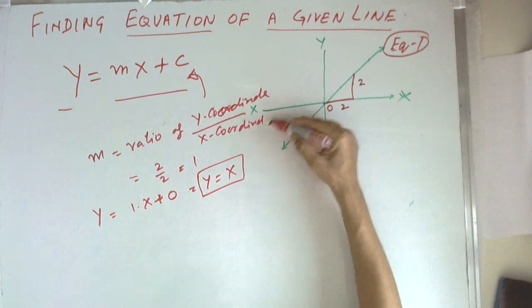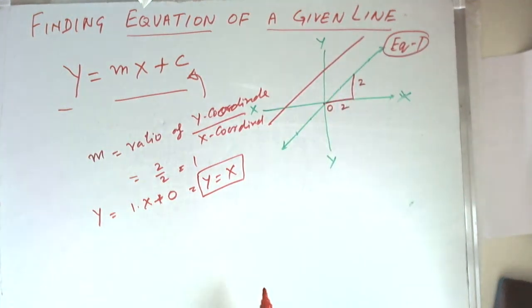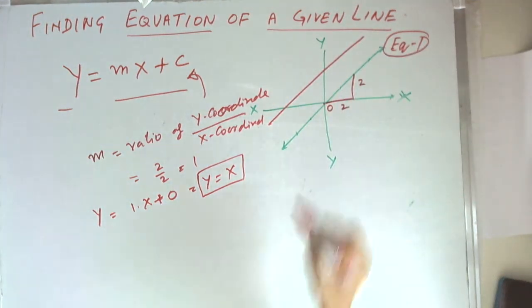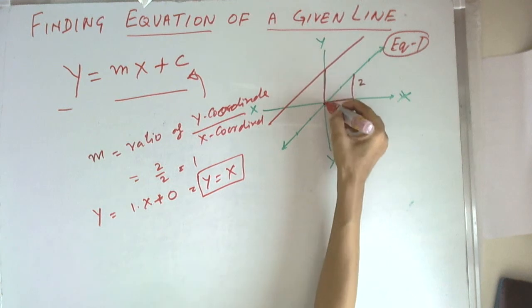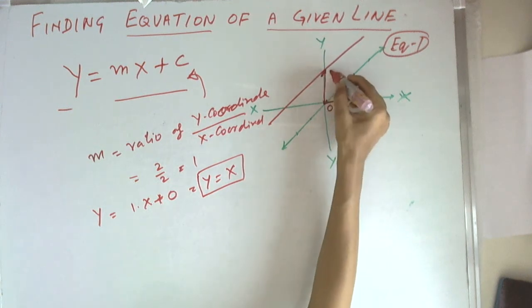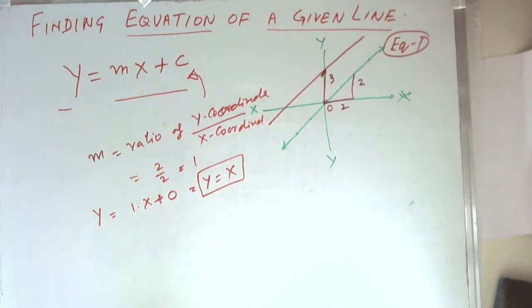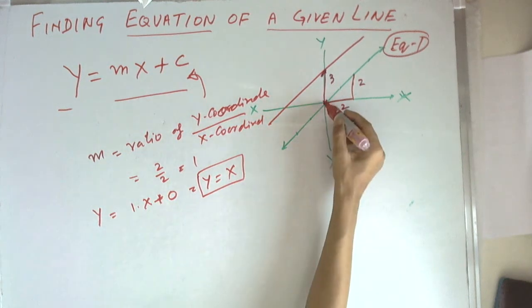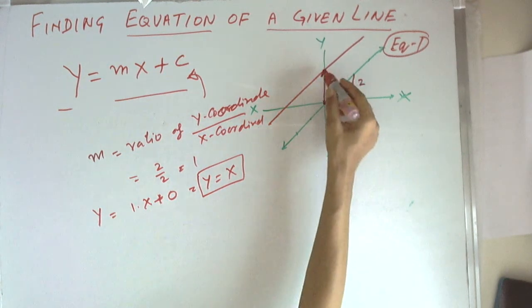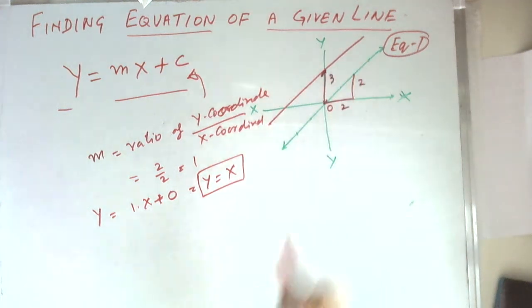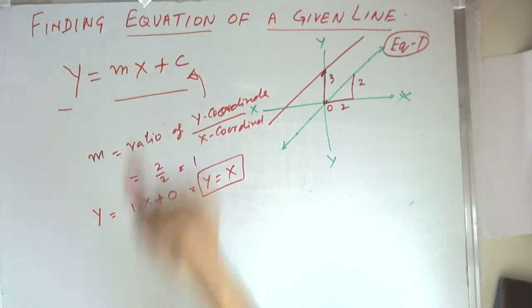Suppose this is a line which is like this, a line which is parallel to this, but at a distance of 3 units from the origin on the y-axis. So in this case, whatever is the point at which this line is cutting the y-axis, the value of c will be that.